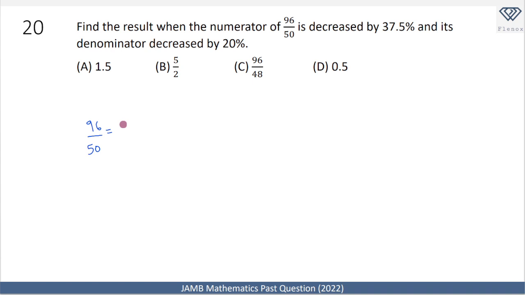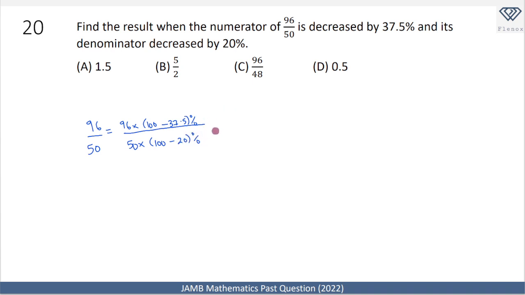So decreasing the numerator is the same thing as saying 96 times 100, which is the total percentage, minus 37.5%. And for the denominator, we are decreasing by 20%, which is the same thing as saying 50 times 100 minus 20 percent.